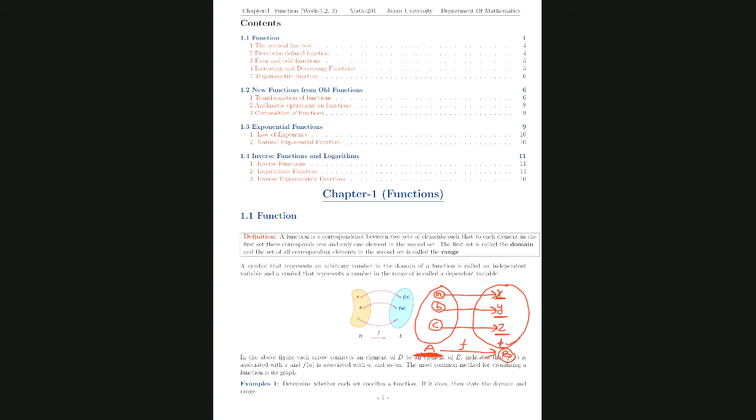So for every input, if there is only one output, then you say this is a function.